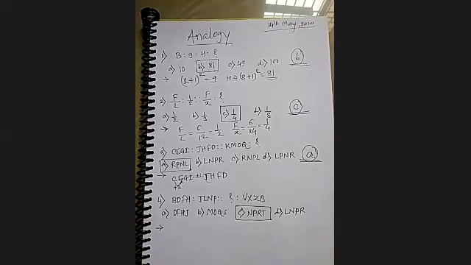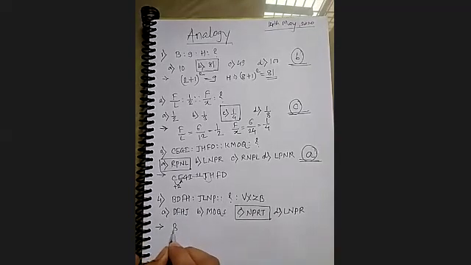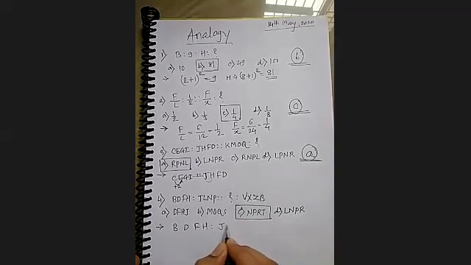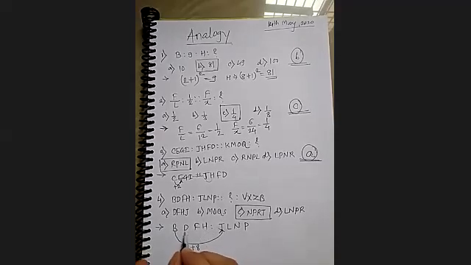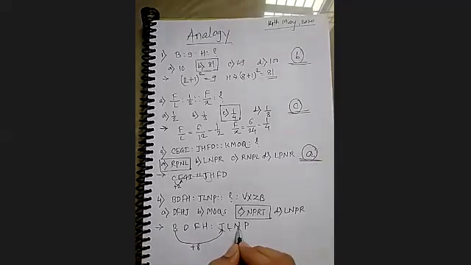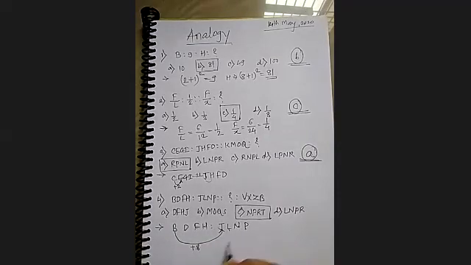Very simple one: B, D, F, H having a relationship with J, L, N, and P. Something plus B is J. So how much is it? It is 8. The same relationship exists between D and L. So D plus 8 is L, F plus 8 is N, H plus 8 is P, right? So this is the logic, that plus 8.